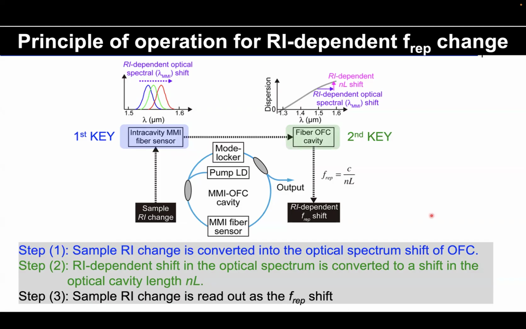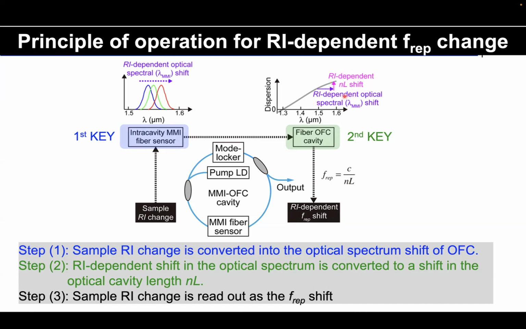The second key is the dispersion of refractive index in the fiber OFC cavity, like here. In this key, the RI-dependent optical spectral shift of the OFC is converted into the RI-dependent shift of the optical cavity length, or nL, right here.